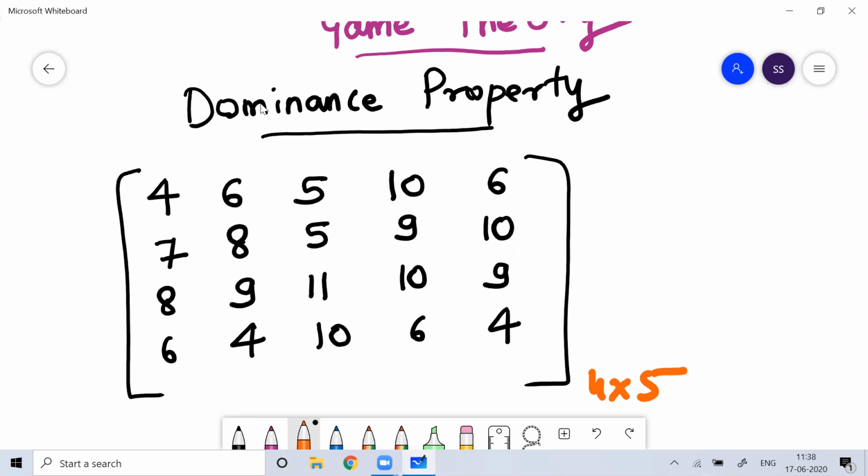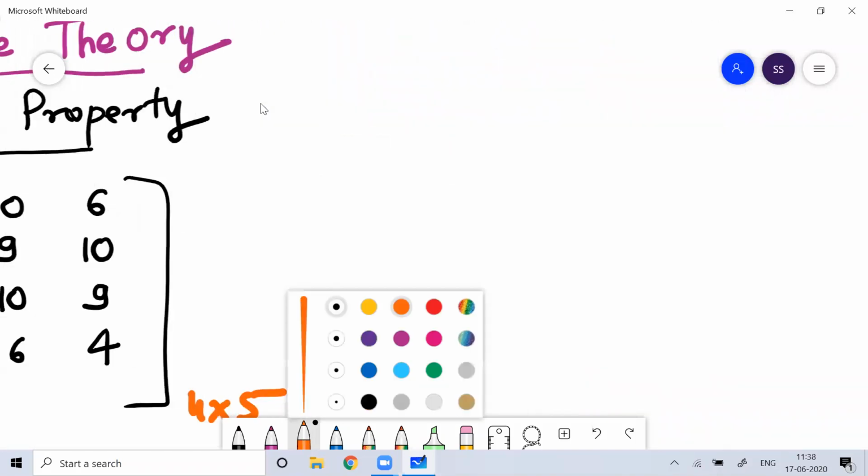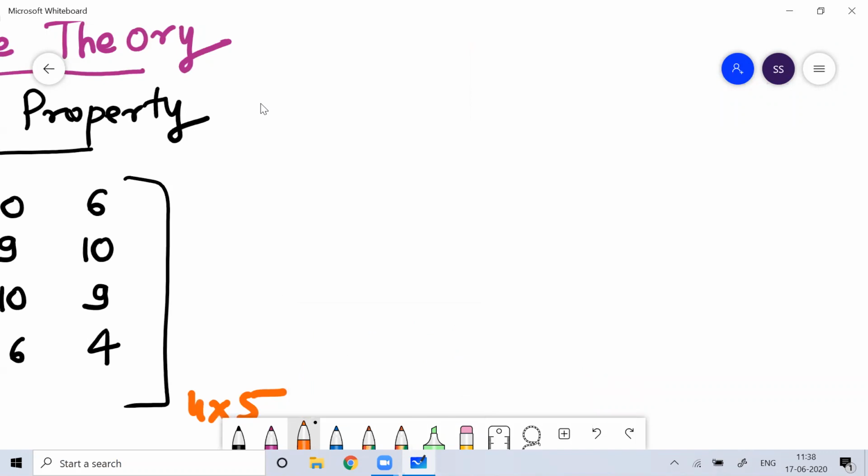If that would be a 2 by 2 matrix, I could solve that problem by using mixed strategy, or I can use the graphical method. But if I want to use the graphical method, then the matrix should be a 2 into n matrix, or it can be an m into 2 matrix.